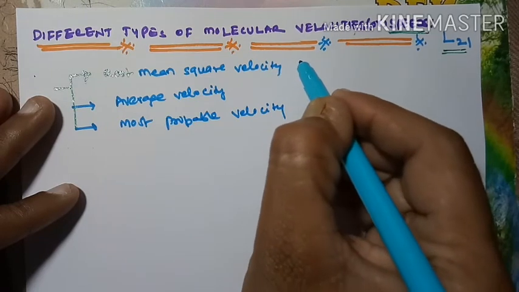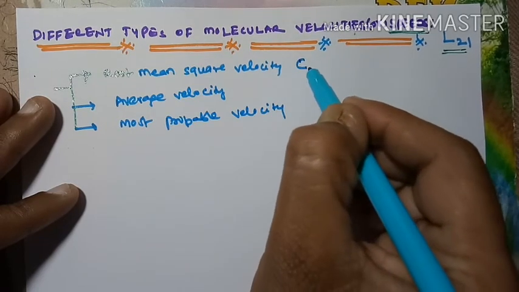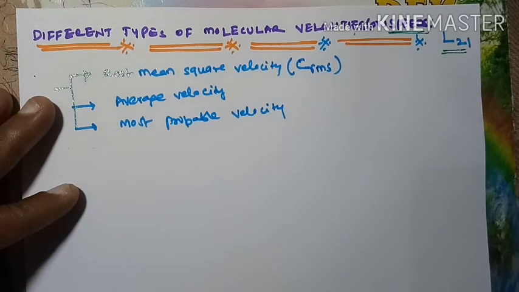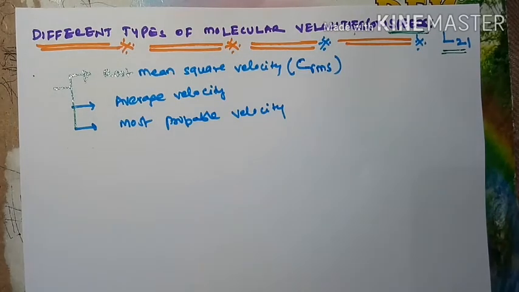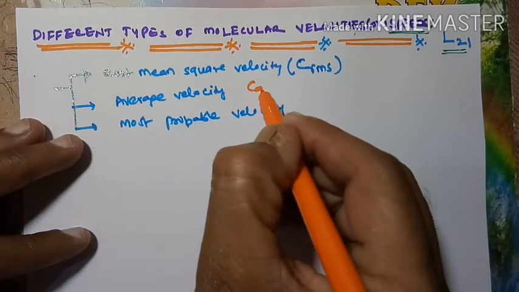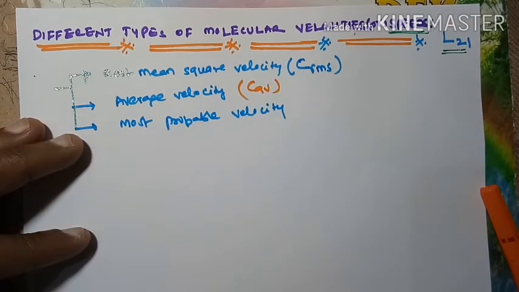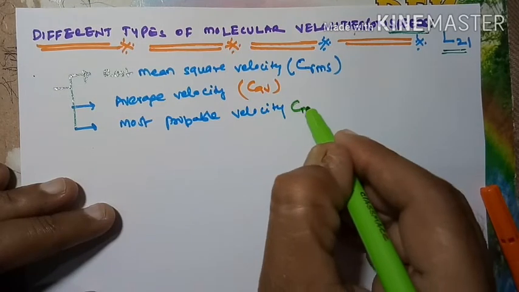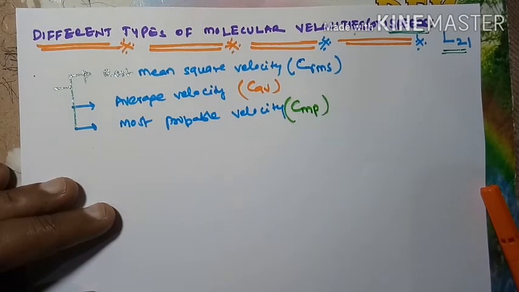Root mean square velocity, C RMS. Next one is average velocity, C average. Next one, most probable velocity, C MP.